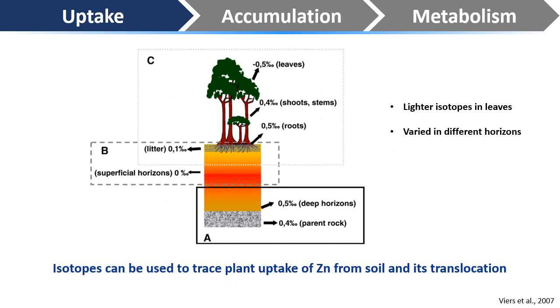And the isotopes are equally powerful in terrestrial ecosystems. Here, the example shows that the uptake of zinc from soil to plant, and also its translocation, can largely fractionate zinc isotopes, with, for example, light zinc isotopes enriched in leaves, but a varied isotopic composition in different horizons.